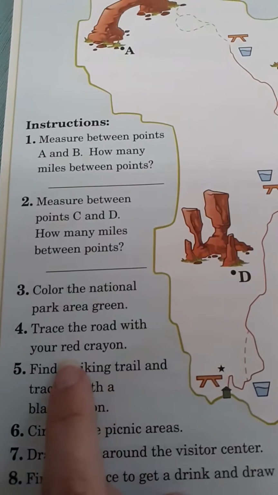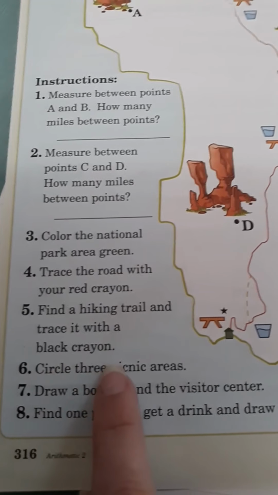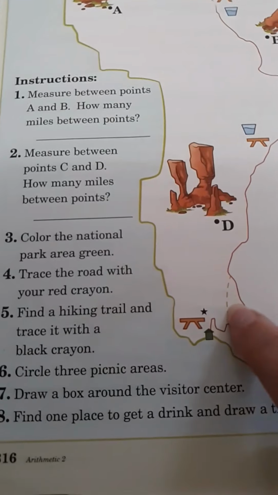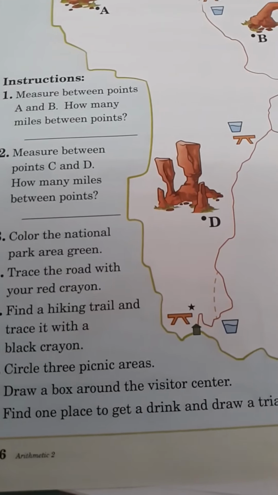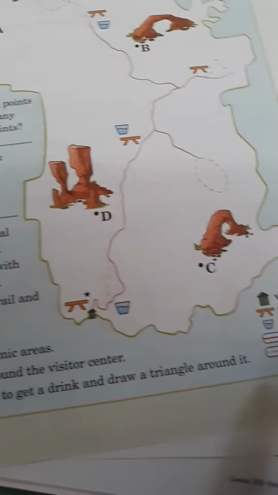Okay, and then here it says find the hiking trails and trace it with your black crayon. So anytime it's the dotted line, that's the hiking trails. You need to look over on the right side and read this to find out the answers here. Number 6, circle 3 picnic areas. Don't guess, read this thing on the side to tell you what is a picnic area.